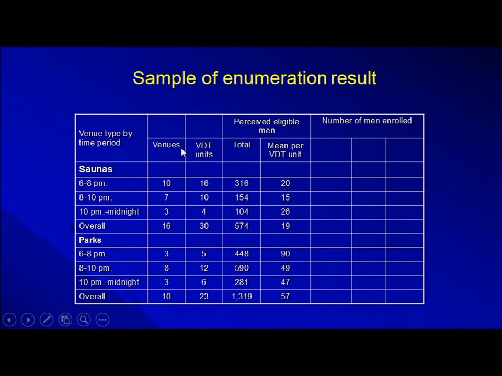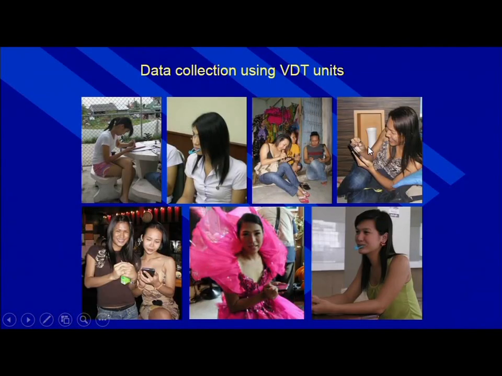Those are hours, so we have different venues here, the hours that we have been there, and the total number of perceived eligible men that were counted. Then we calculate a mean number of people per VDT unit, and we use that to calculate the number of people that we can enroll at a certain site. And then of course we can go on later to see how many men we have enrolled.